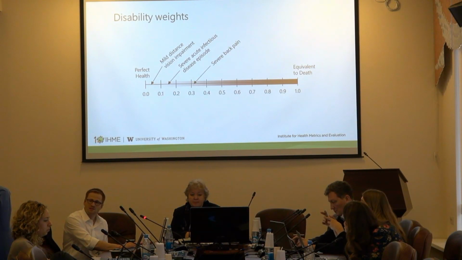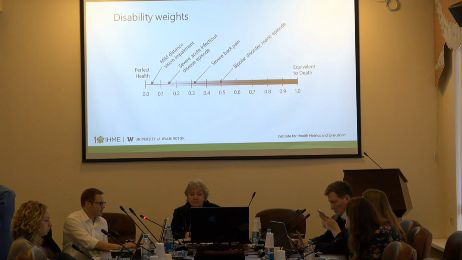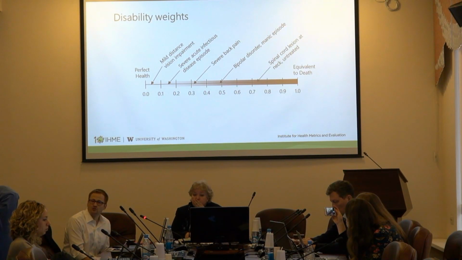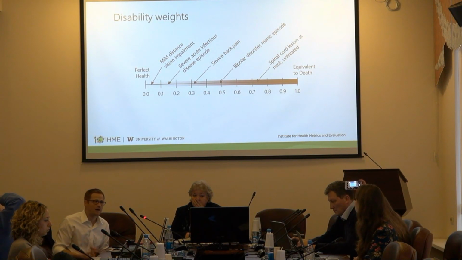Severe back pain gets a disability weight of a little over 0.3. A manic episode of bipolar disorder is about 0.5. A spinal cord lesion at the neck untreated, which would be quadriplegia, gets a disability weight of about 0.75. So this gives you a sense of how these lay out.